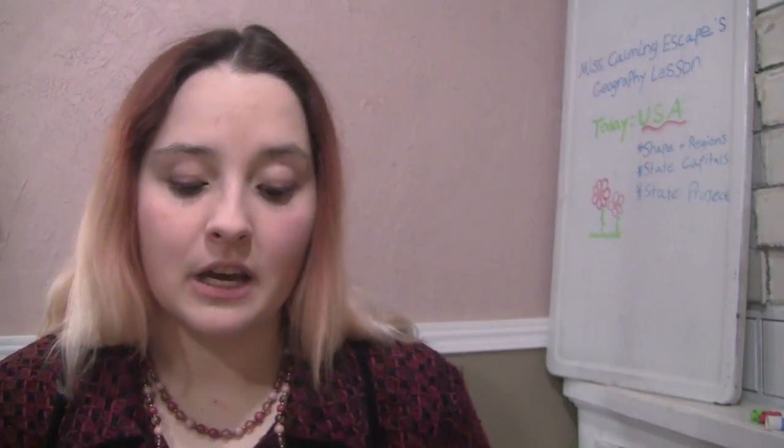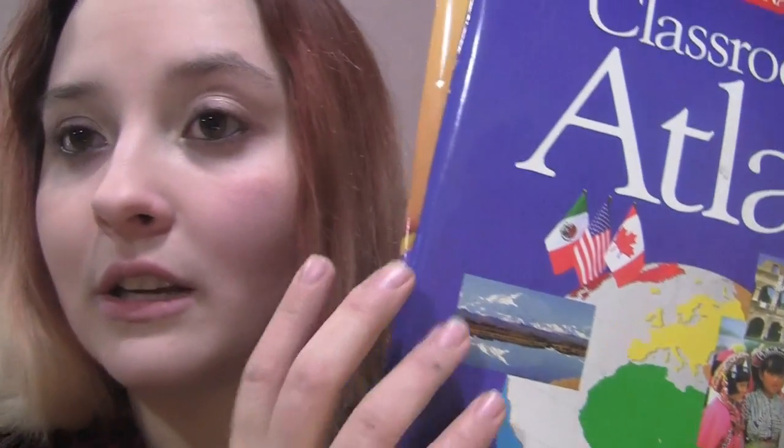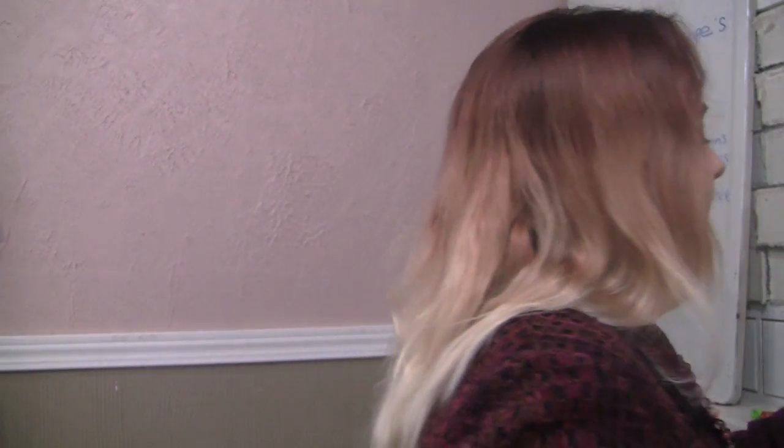Okay, so the first book we're going to need, everyone, is the blue one. It's the Classroom Atlas. Okay, yeah, the blue one. This one right here. Yes, that one just right there. Perfect. Okay. Everyone have this one out? Perfect. Alright.